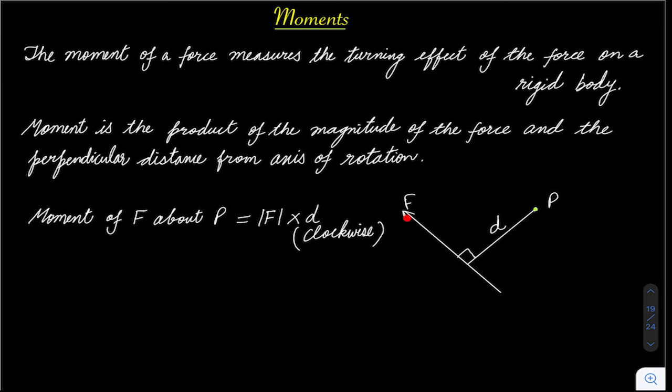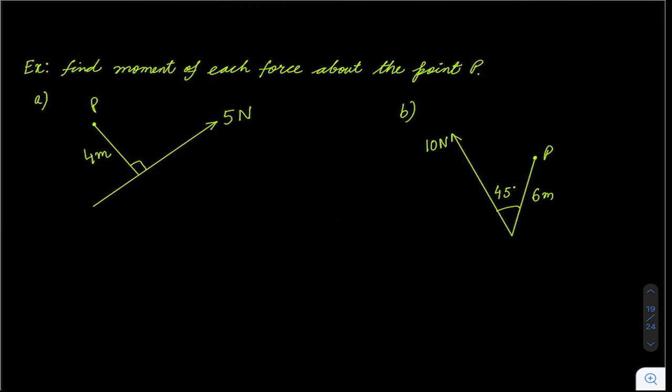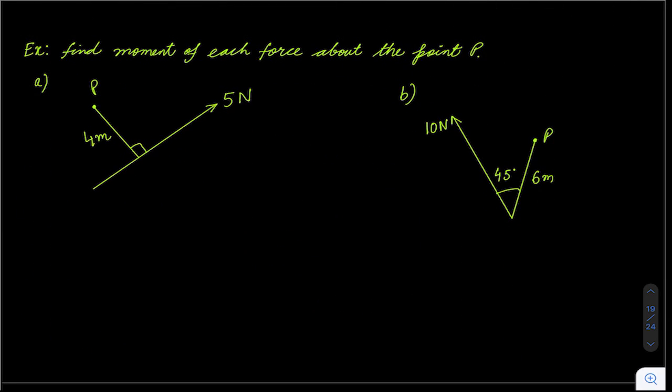From the force, you go towards the point P about which you are taking the moment. So hence, this will be clockwise. It's always important to mention the direction. Or you can mention before starting the question that clockwise direction is positive and anti-clockwise is negative.